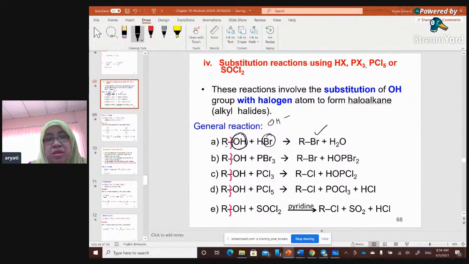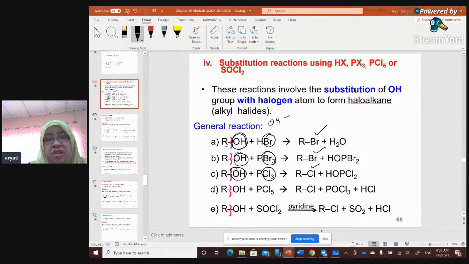So ini pun sama, OH minus substitute with Br, so it will produce RBr, byproduct is H3PO3. So this one is also OH minus substitute with Cl minus. So dia akan jadi chloroalkane. This is also a type of haloalkane. So dia akan produce, byproduct is H3PO3.